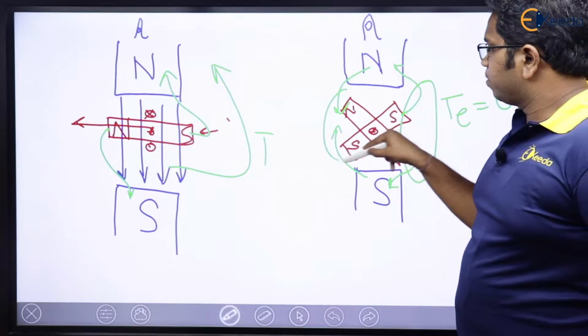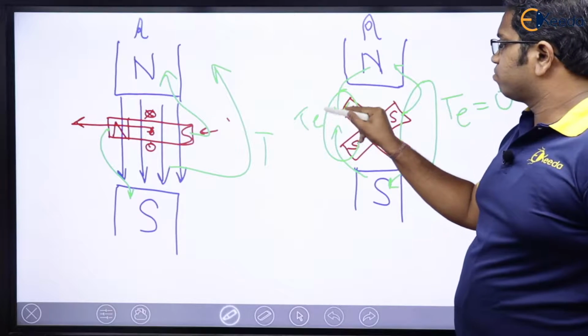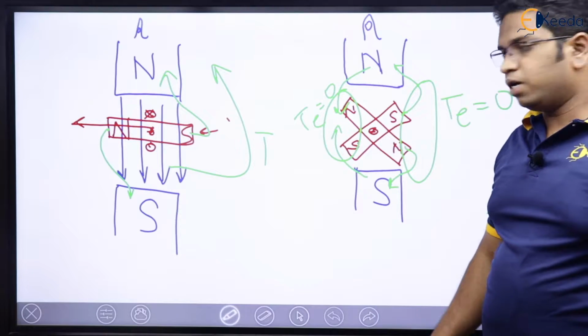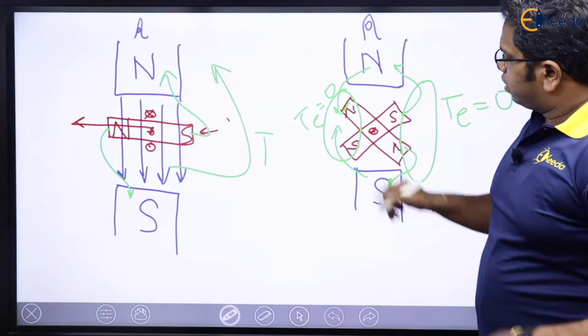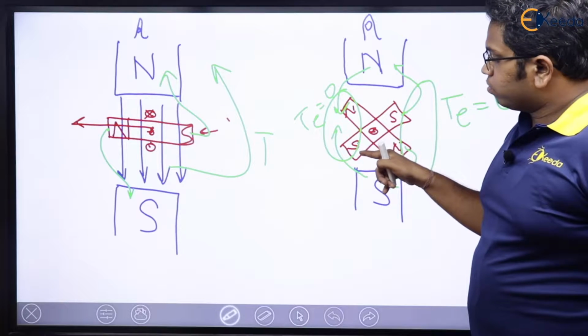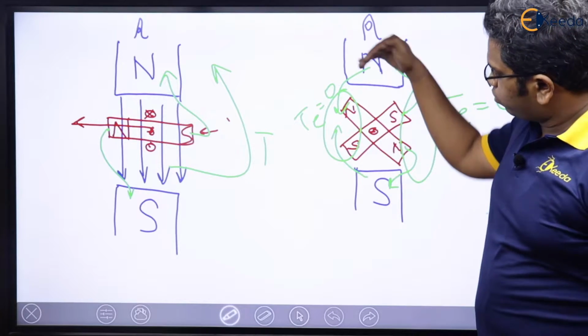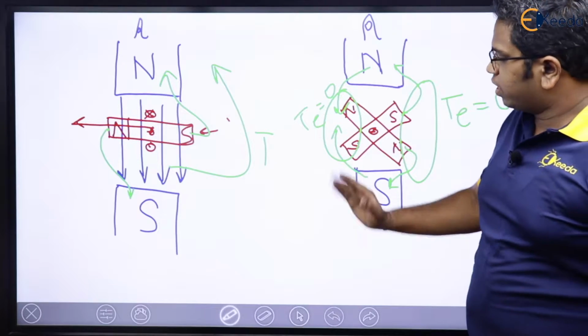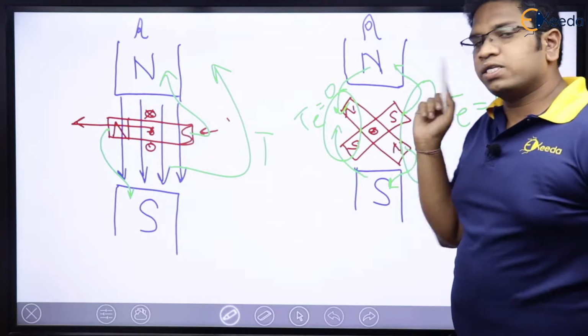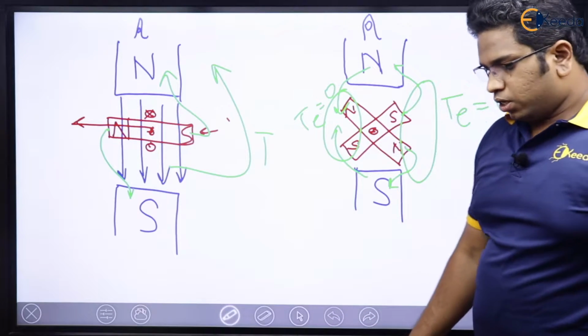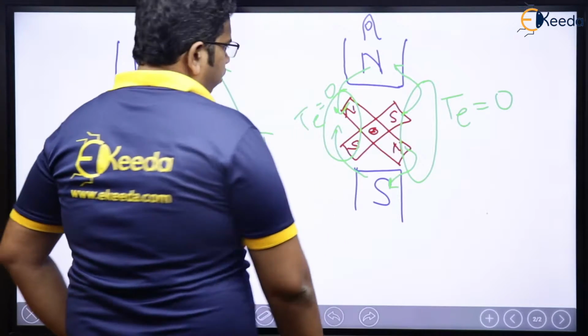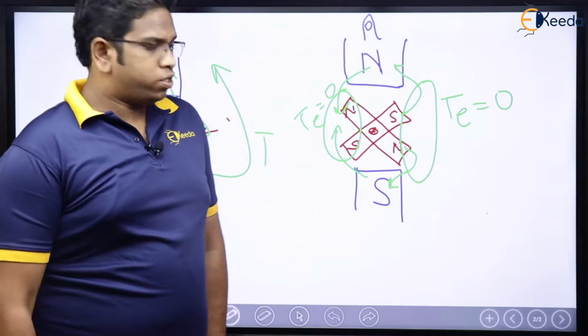And here, similarly, net torque is 0. Right, because north is repelling, south is also repelling. This is trying to move it this way, this is trying to move it that way, which means net torque is 0.